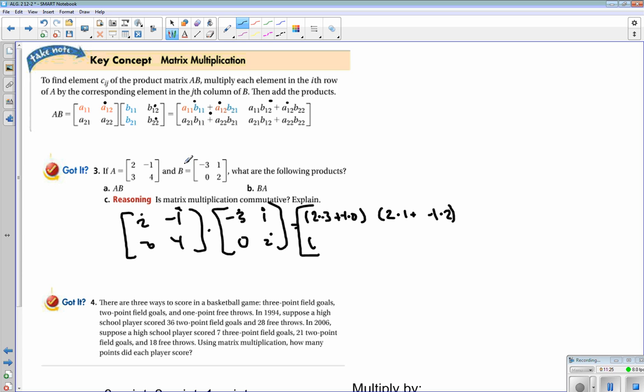All right, so to go bottom, I go bottom left, that's 3 times my first guy here, which is -3, plus my guy on the second row, which is a 4, times this guy here, which is 0.